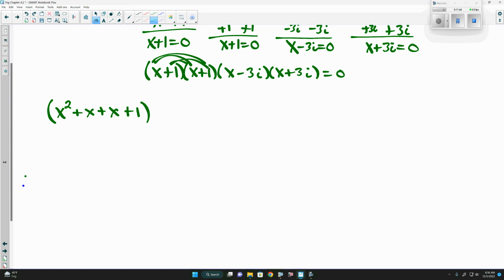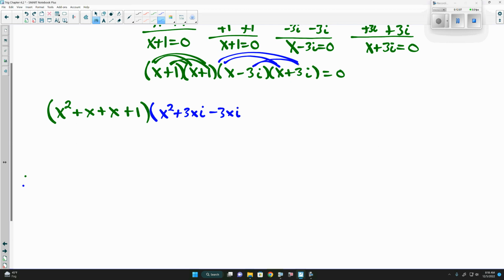We can go on and multiply the x plus 1 and x plus 1. We can also come over here and multiply these together. X times x is x squared. X times 3i is going to be plus 3xi. Negative 3i times x is minus 3xi.